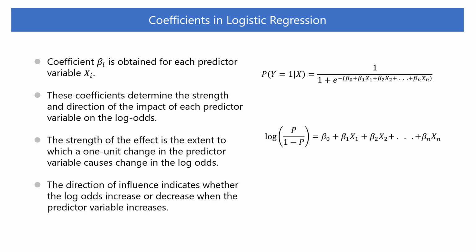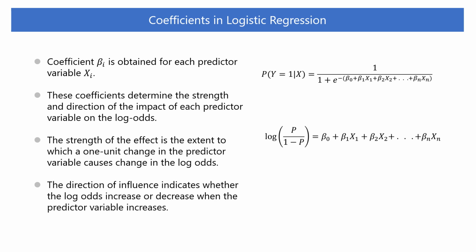In the logistic regression model, a coefficient beta i is obtained for each predictor variable xi. These coefficients determine the strength and direction of the impact of each predictor variable on the logits, calculated from the probability of the outcome. The strength of the effect is the extent to which a one-unit change in the predictor variable causes change in the logits.